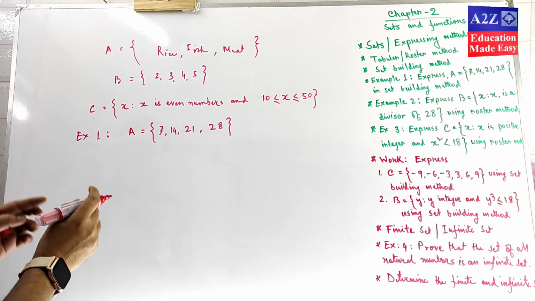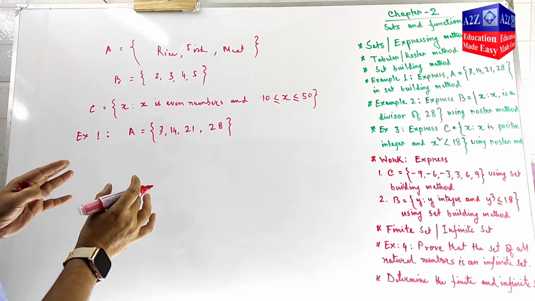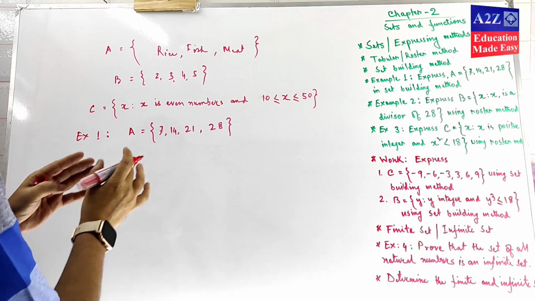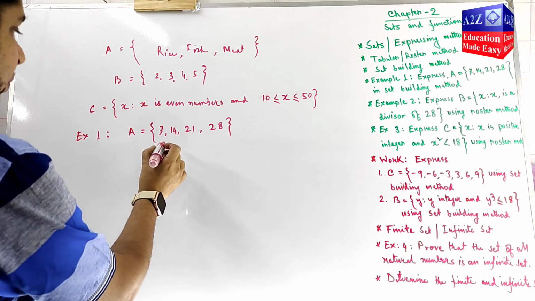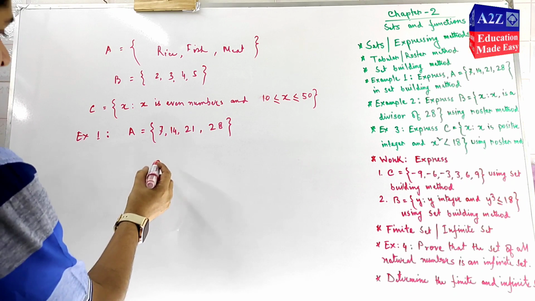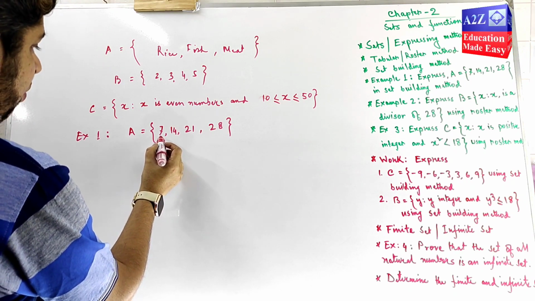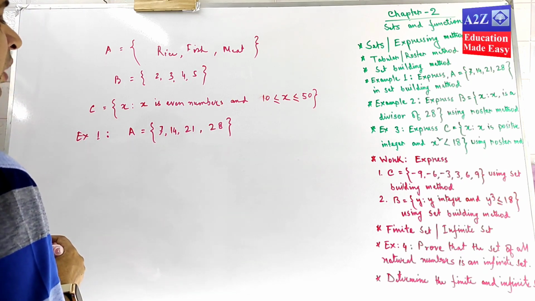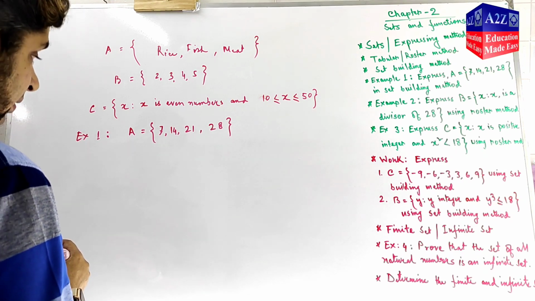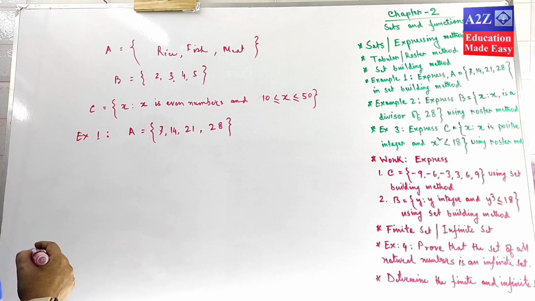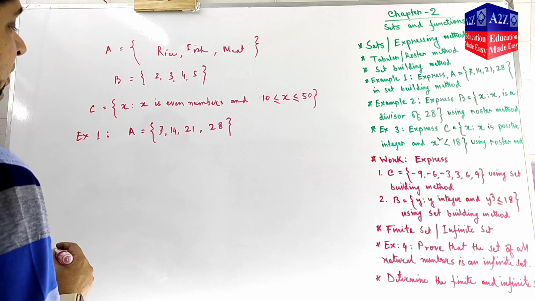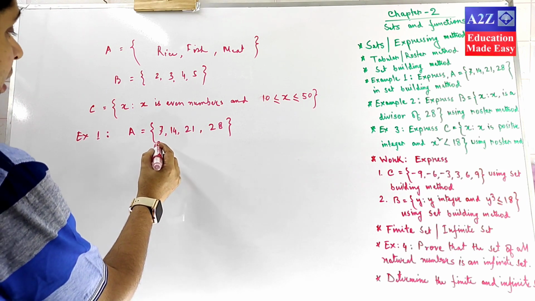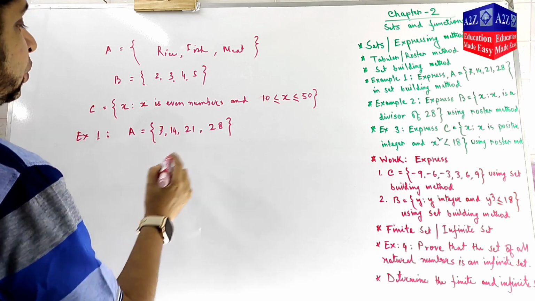In the set builder method you just have to find the properties that are given in the question. Here you can find two properties. First, all the numbers 7, 14, 21 and 28 are multiples of 7. And the second property is that the numbers range between 7 to 28.